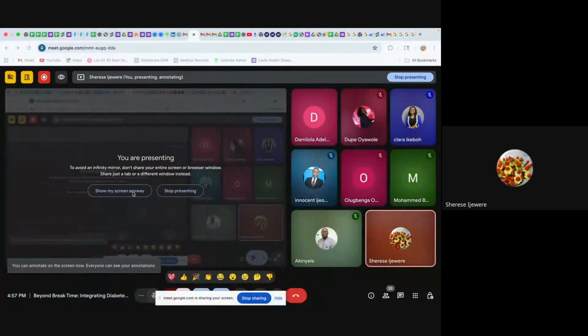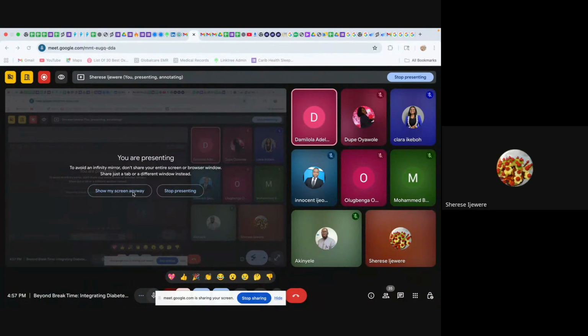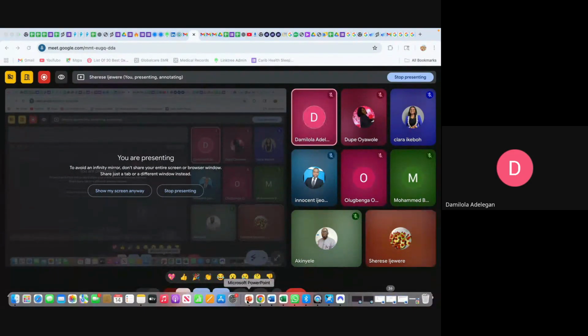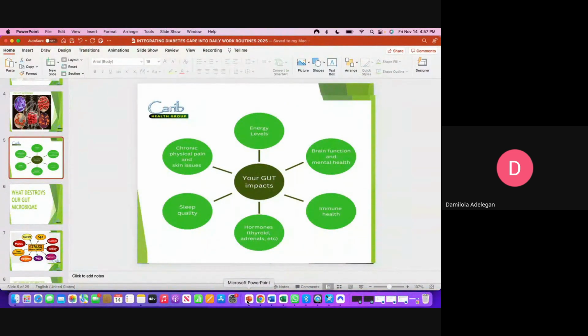Really strange. Okay, we can see it now. But let's see if it will move.